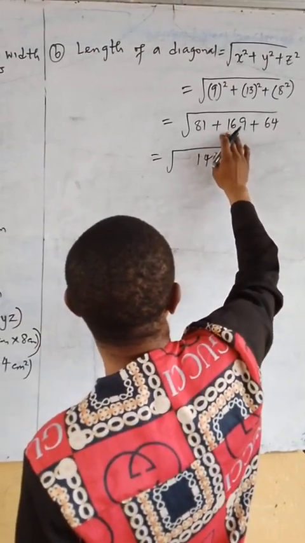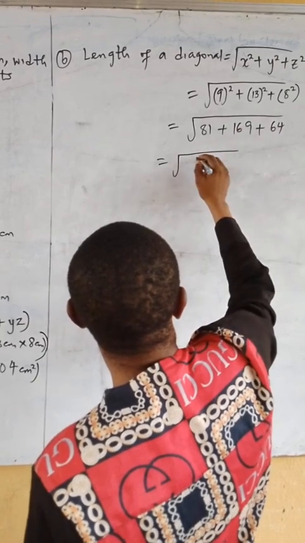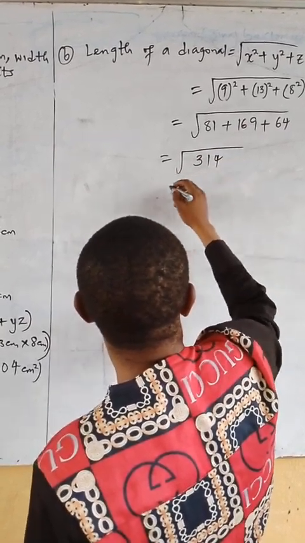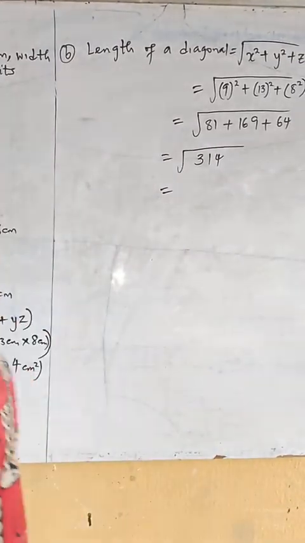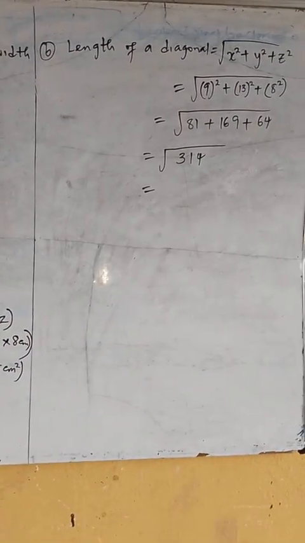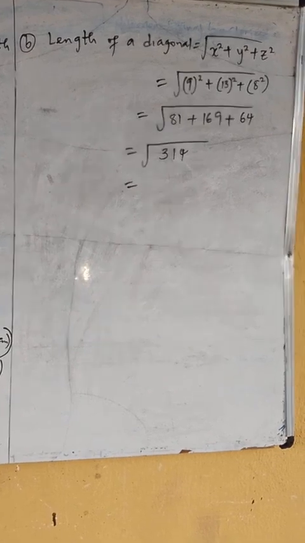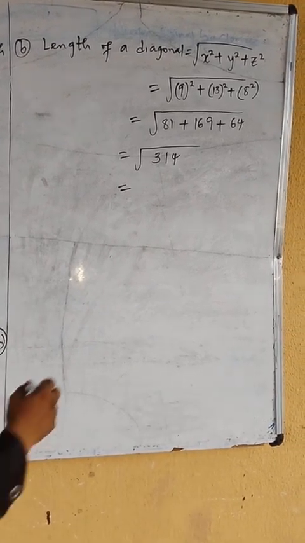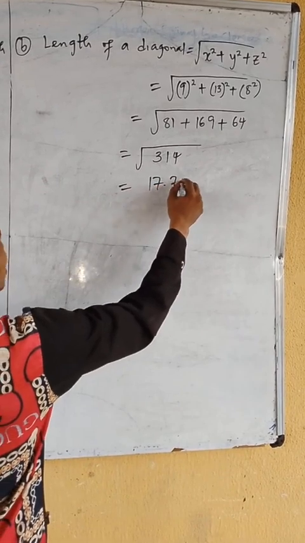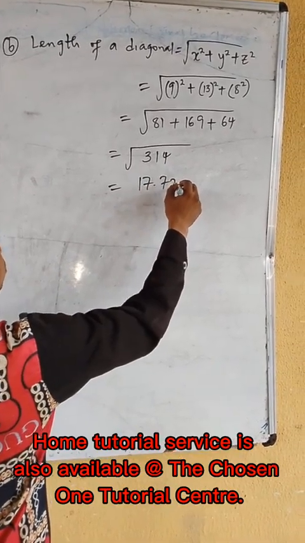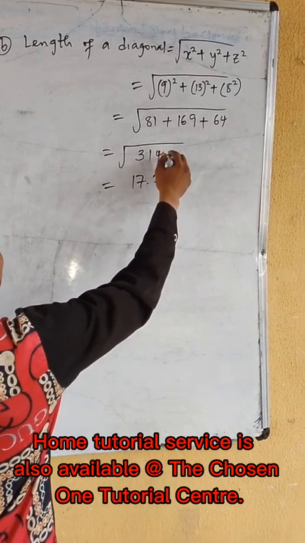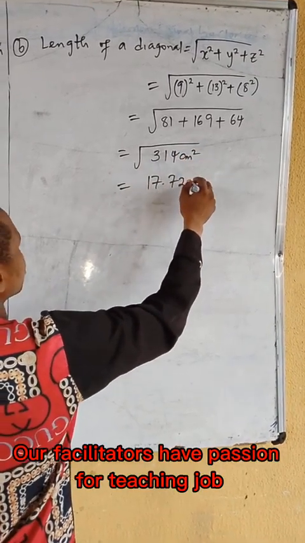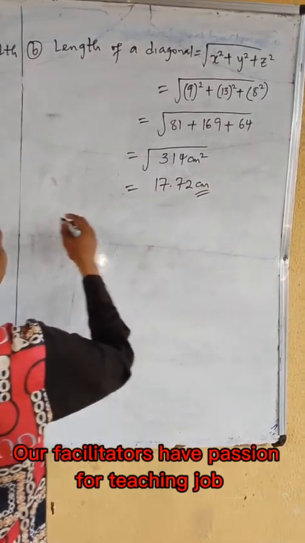And let's add the third digit. So that's 2 plus 1, which will give us 3. Then by the time we find the square root of 314, we are going to have 17.72. So it's going to be 17.72 centimeter.